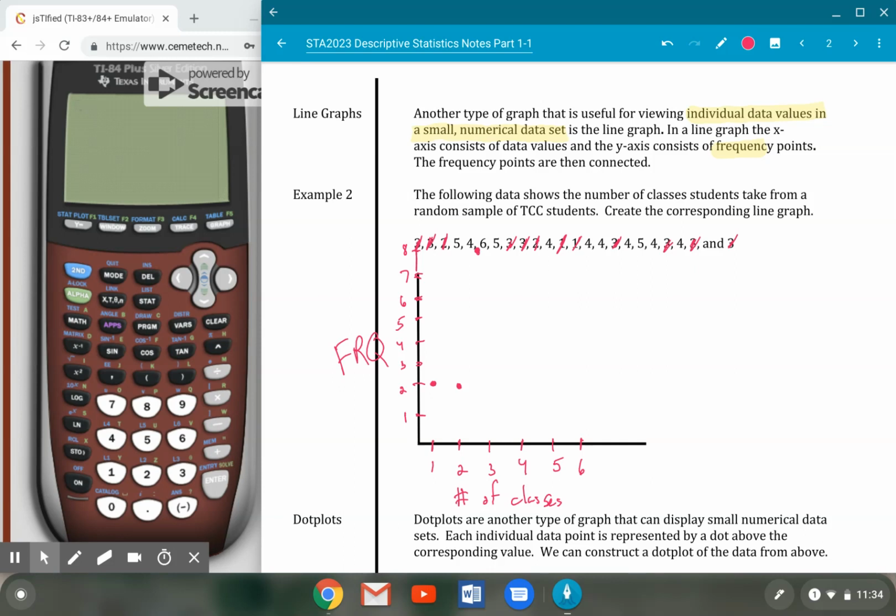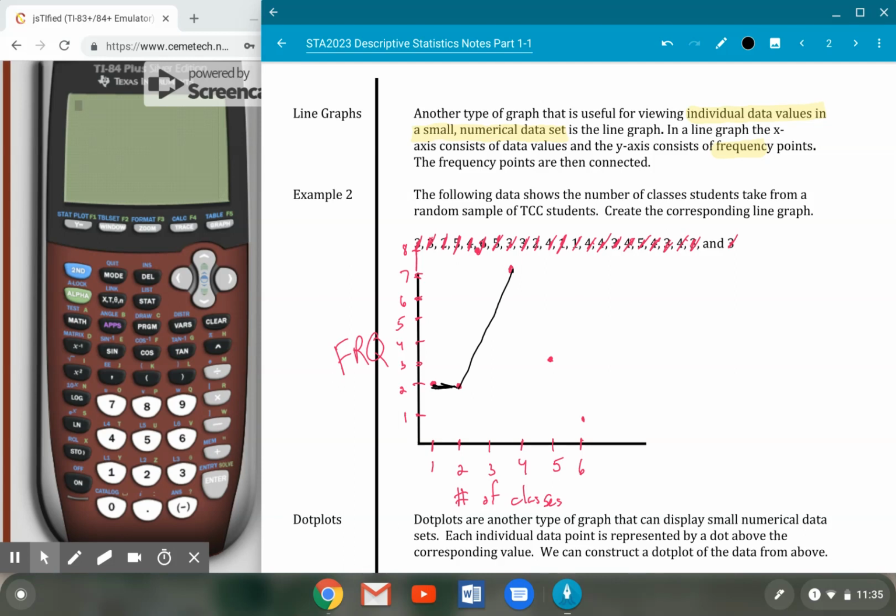Then I'll move to my 4s. I've got 1, 2, 3, 4, 5, 6, 7 4s. So just a little bit shorter than that 3. For my 5s, I see 1, 2, 3 5s, and then 1 6. And that marks all of my data. And now I'll just connect these with a line. So connecting those to those.